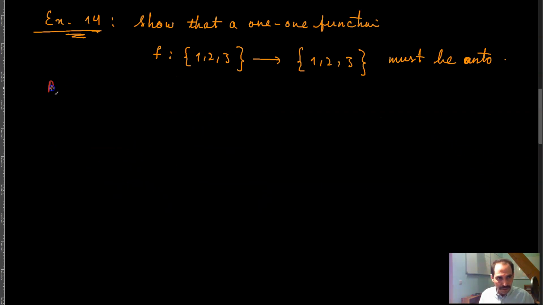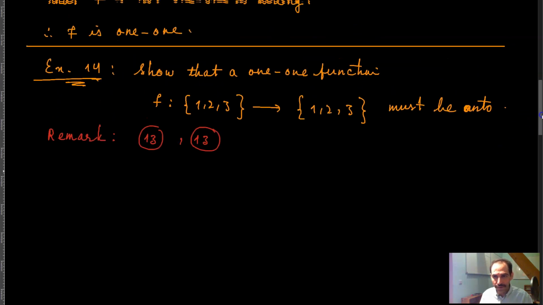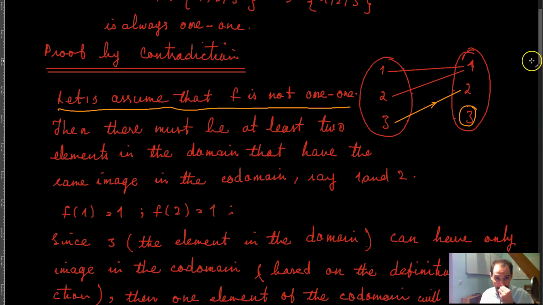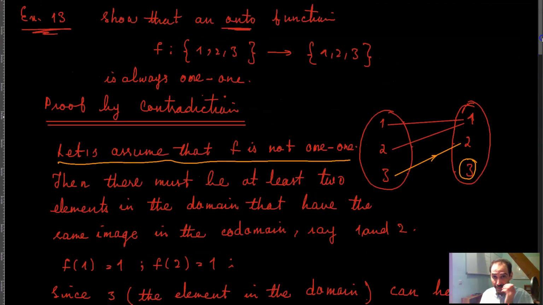So as a remark, we can say that the results mentioned in example 13 and 14. So we had example number 13 and 14. In 13, we said that we had 2 finite sets.